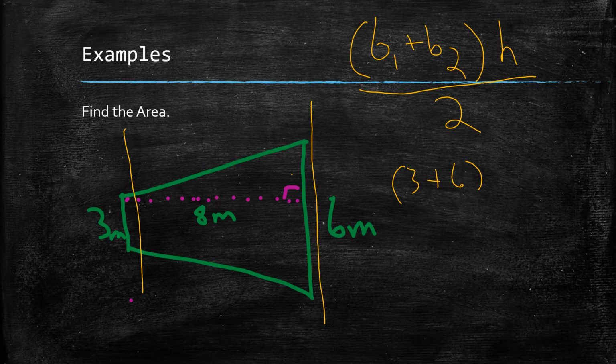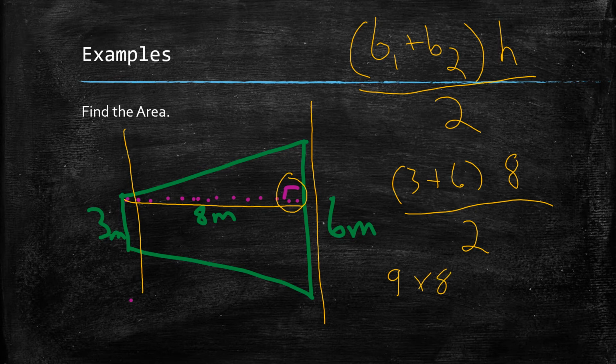The height is always found at the 90-degree angle. We know that the 6 is the base, so we need this number on the inside. That is going to be 8. And we're going to divide this by 2. 3 plus 6, that is 9. Then we have 9 times the 8. We need to divide it by 2.